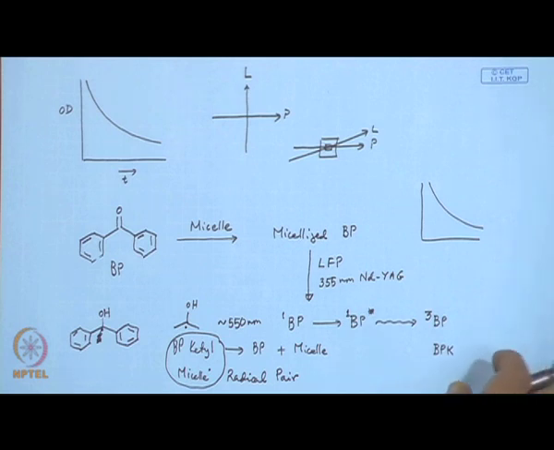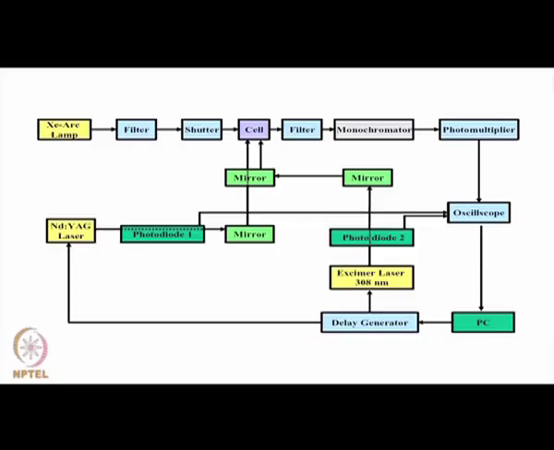So, this will be interesting, and radical reactions are very interesting. Anyway, I will talk about this radical pair mechanism maybe in the next lecture, but let us try to finish off this part. So, therefore, we do laser flash photolysis and study this fast reaction which happens in microsecond or maybe in nanosecond time scale.